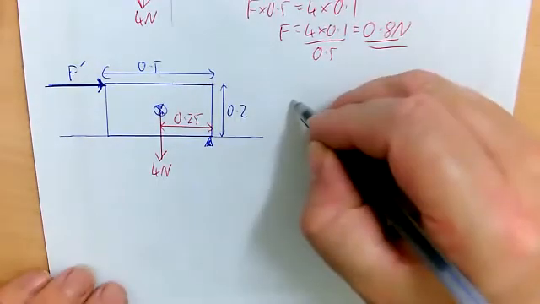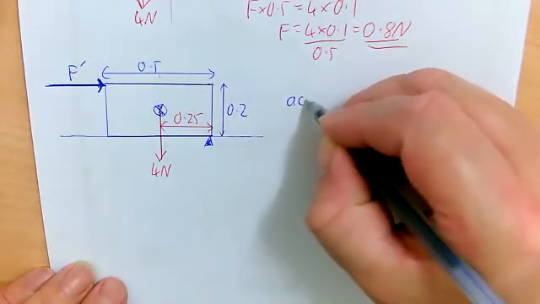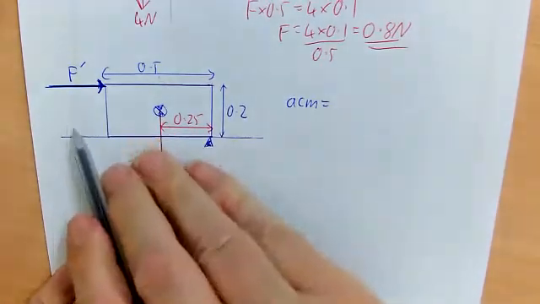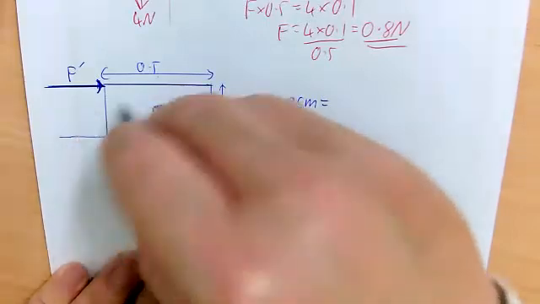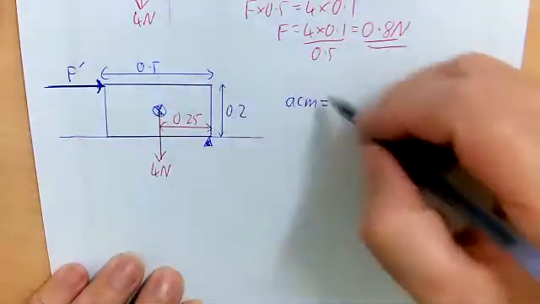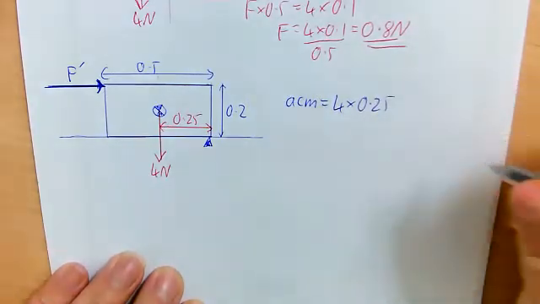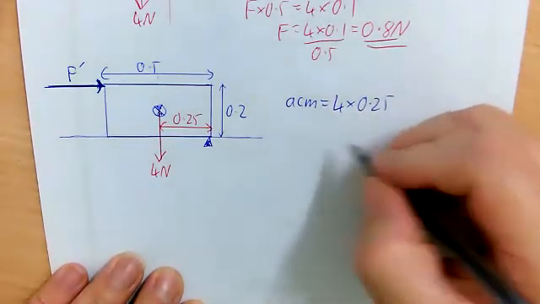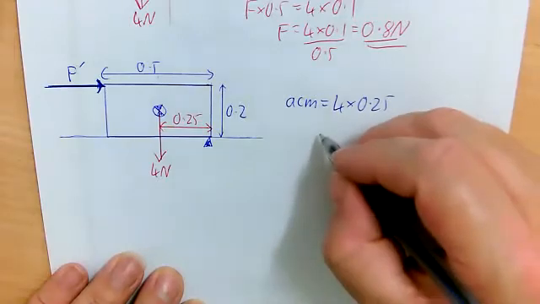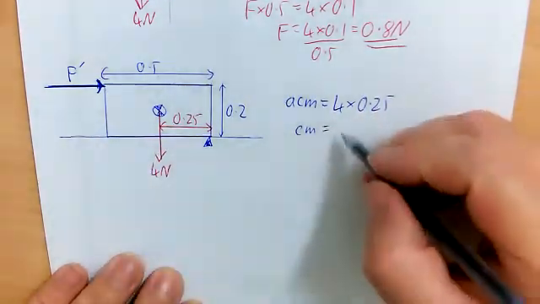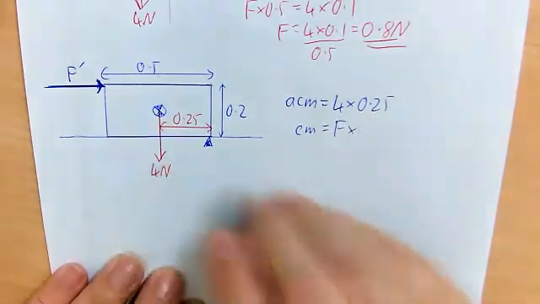So the anti-clockwise moment is going to be the 4 newton force multiplied by 0.25. And the clockwise moment is going to be this force F multiplied by 0.2.